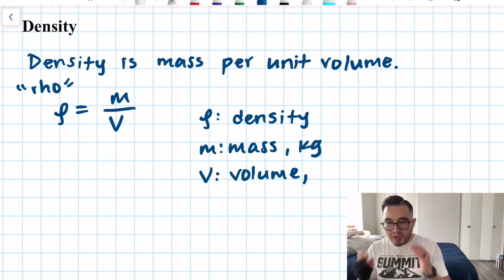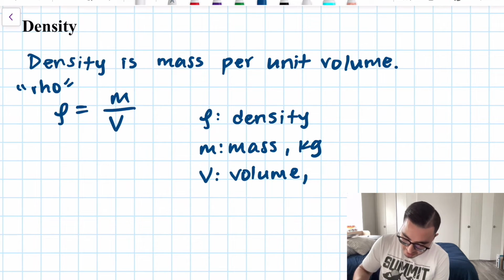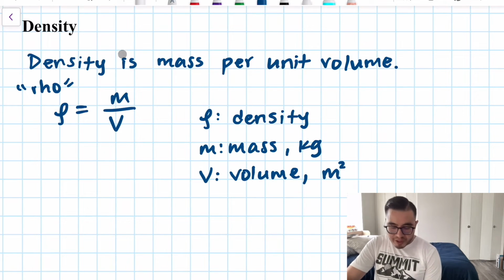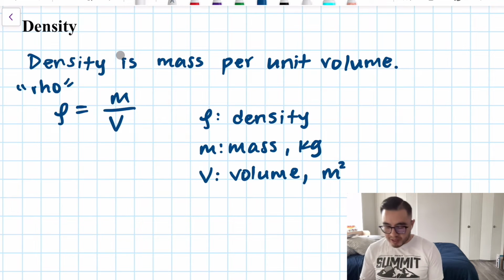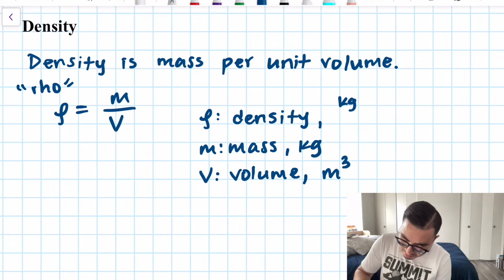Most of our work is going to be with pipes and containers, and the cylinder is going to be the big one over here. So to find the units of density, we'll divide units of mass over units of volume. I put a square instead of a cube. So that means density will be in kilograms per meter cubed.